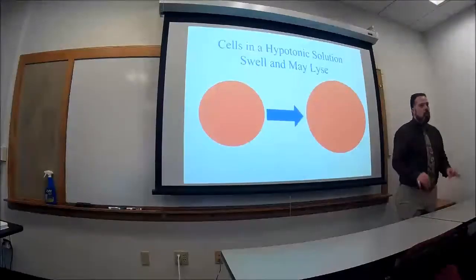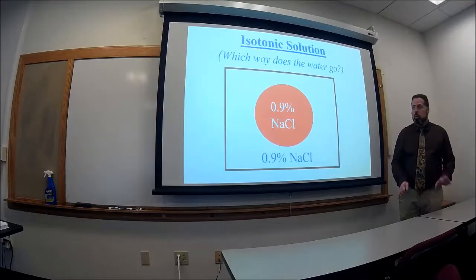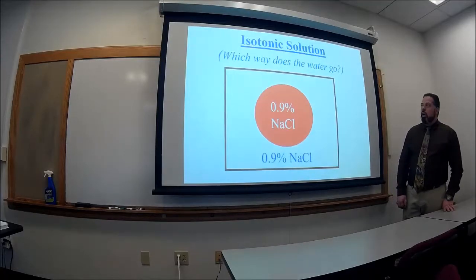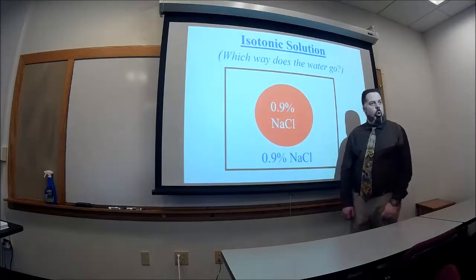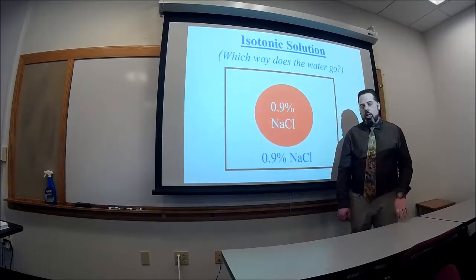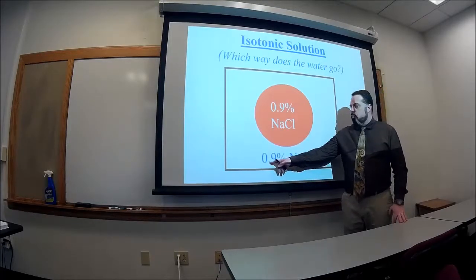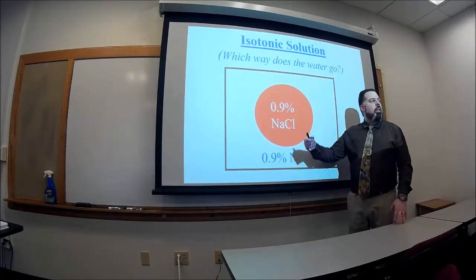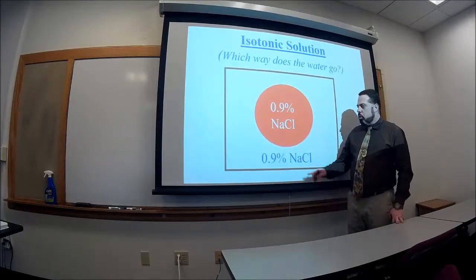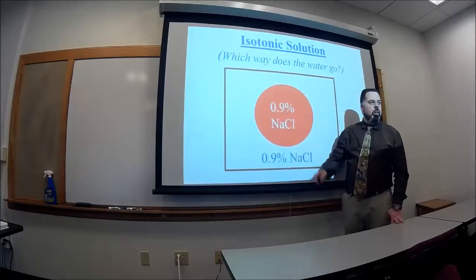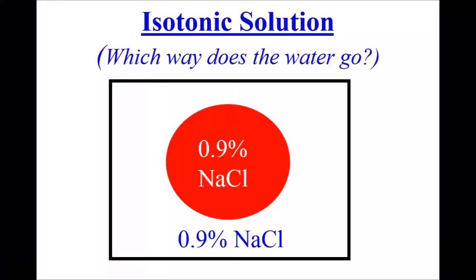Okay? So the concept makes sense? Okay? And in an isotonic solution, which hopefully is most of the cases when you're working in a hospital, you're going to be putting 0.9% sodium chloride into the person's bloodstream. So the extracellular fluid is going to be equal to the red blood cells inside.